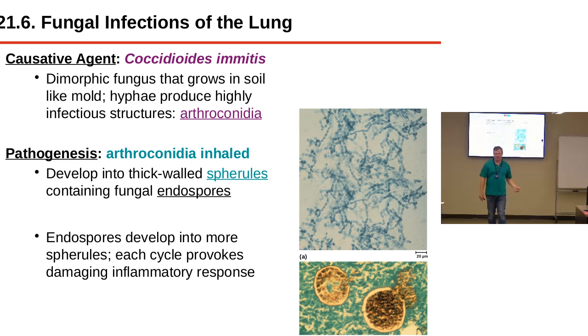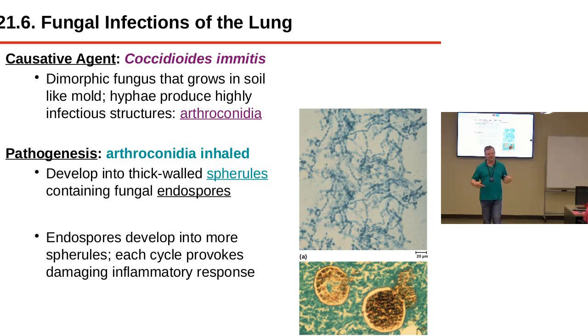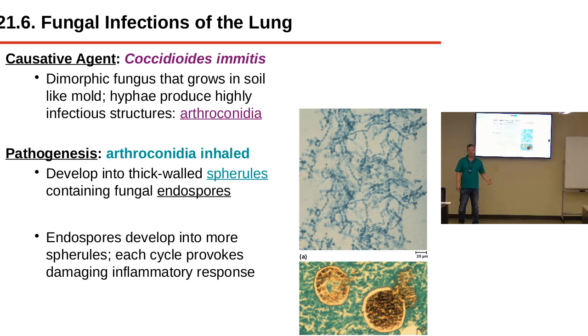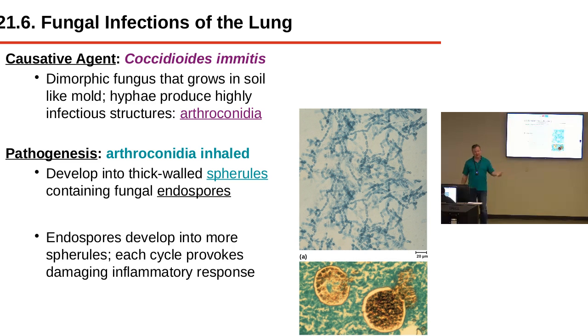You might be perfectly healthy for a month or so, and then all of a sudden, for whatever reason, the fungus comes back out of its endospores and starts causing another inflammatory response. And that just keeps going over and over again until we can finally clear that infection out of the person.